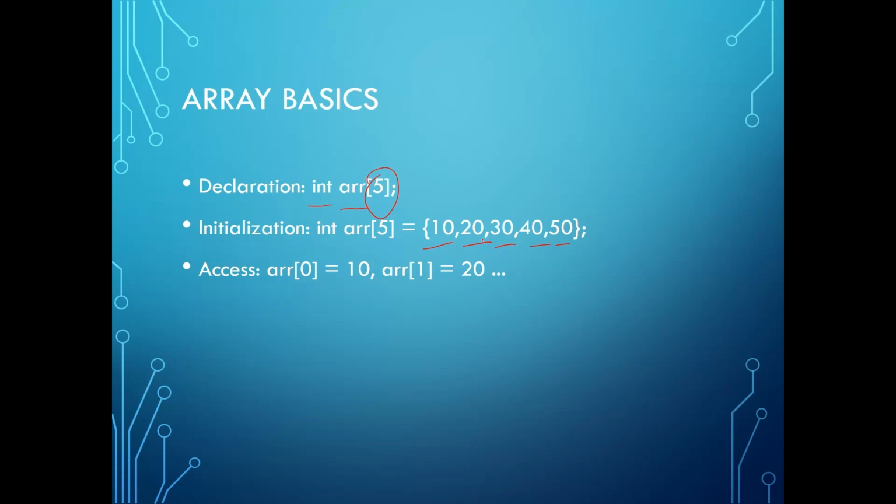So array zero is the element having 10, array one has 20, and array four has 50. It always starts from zero. This is how you can access an element: you define the position inside the square brackets.